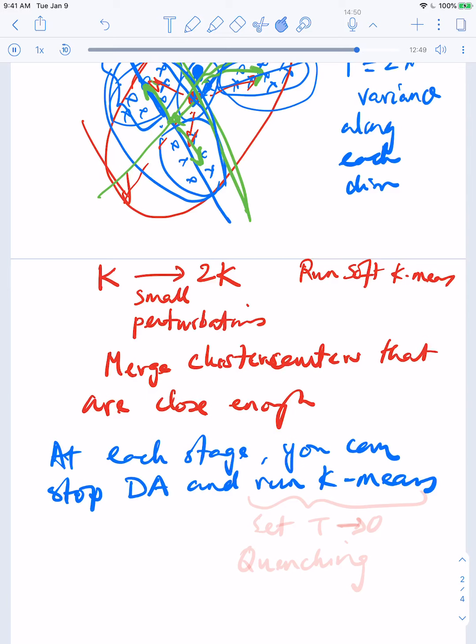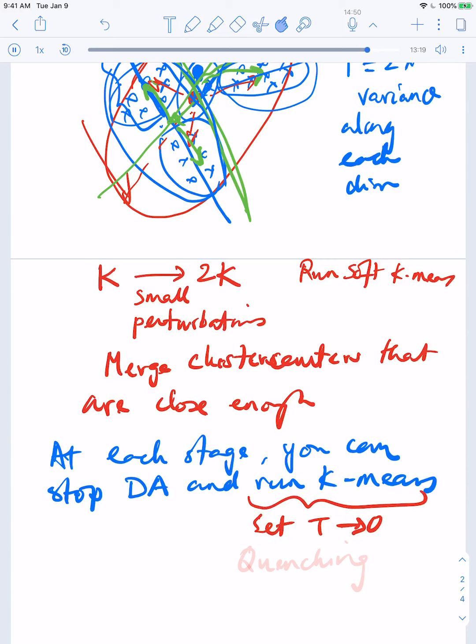So you can stop at any point of time, or you can have some target temperature or variance at which you say, okay, this is good enough in terms of the kind of distortion I want to attain, and I'm going to run k-means and stick with that. This step of running k-means means I set the temperature to 0.